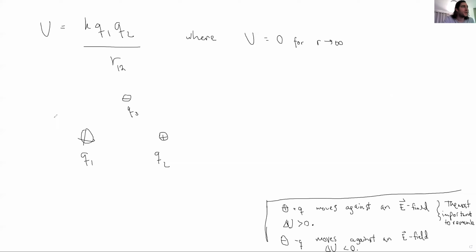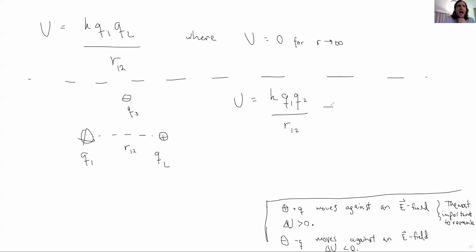So the potential energy here for this system now, suppose we start with a Q1 and we bring a Q2 in close, well then it's the same as what we had before. K, Q1, Q2 over R12. R12 is just the distance between Q1 and Q2.